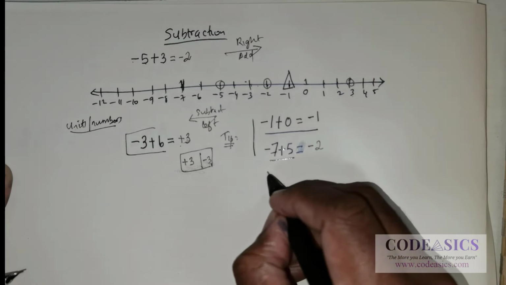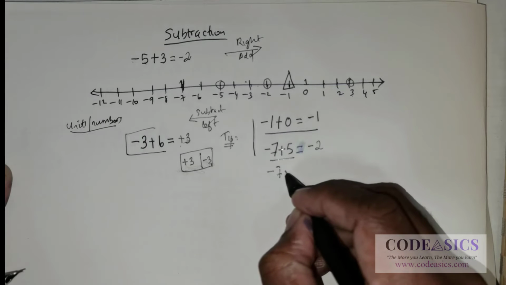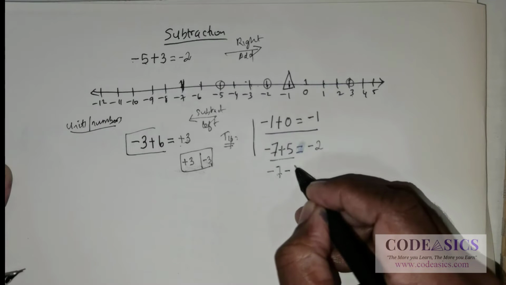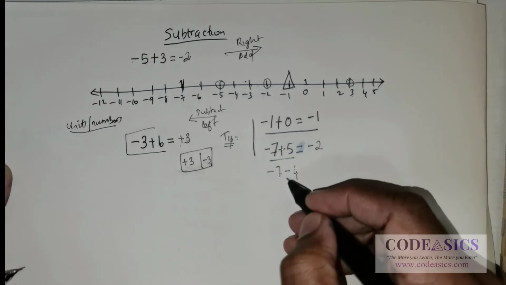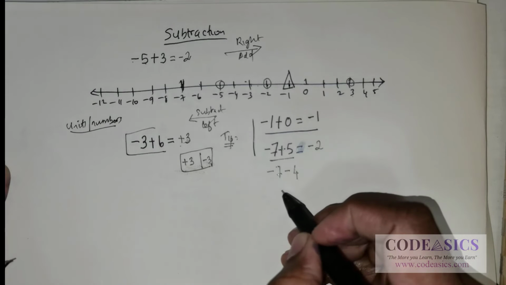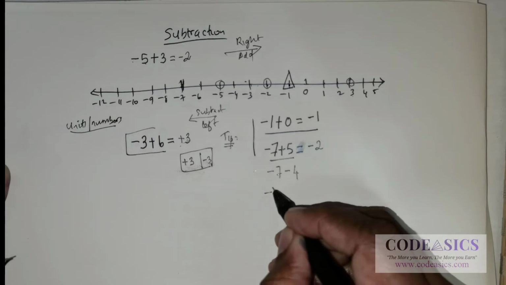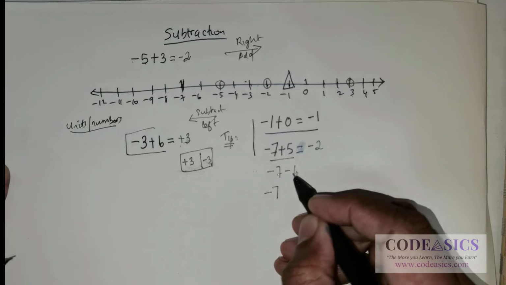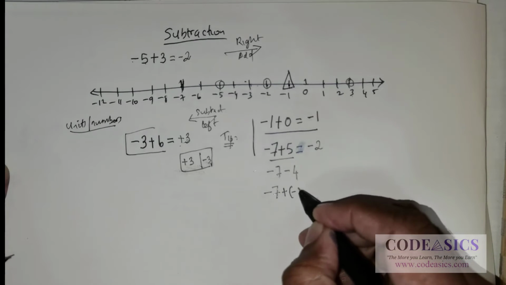Now what if I'm adding -7 and -4? When I said adding, you might ask me why there is no addition sign, still I am saying that you're adding. Actually, I can always rewrite -7, -4 as -7 + (-4).